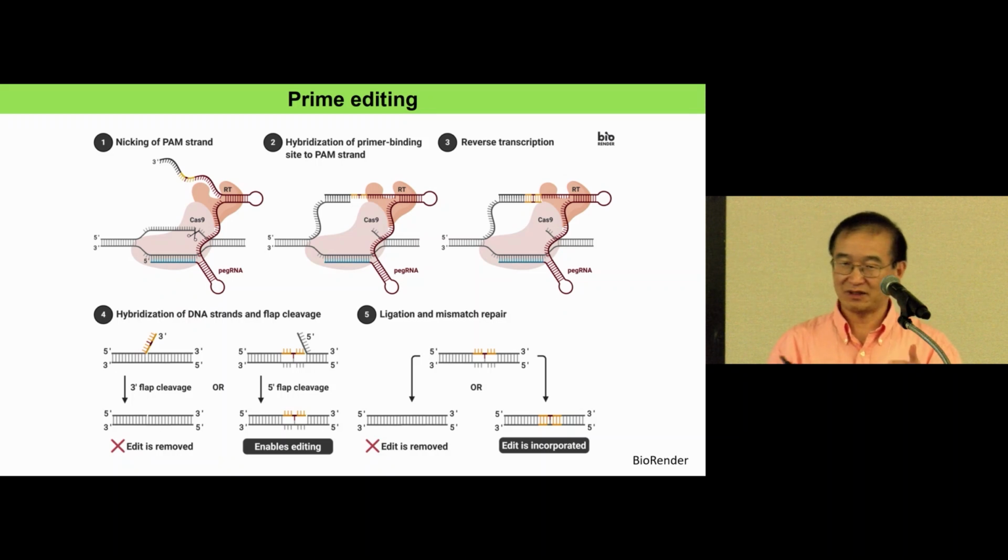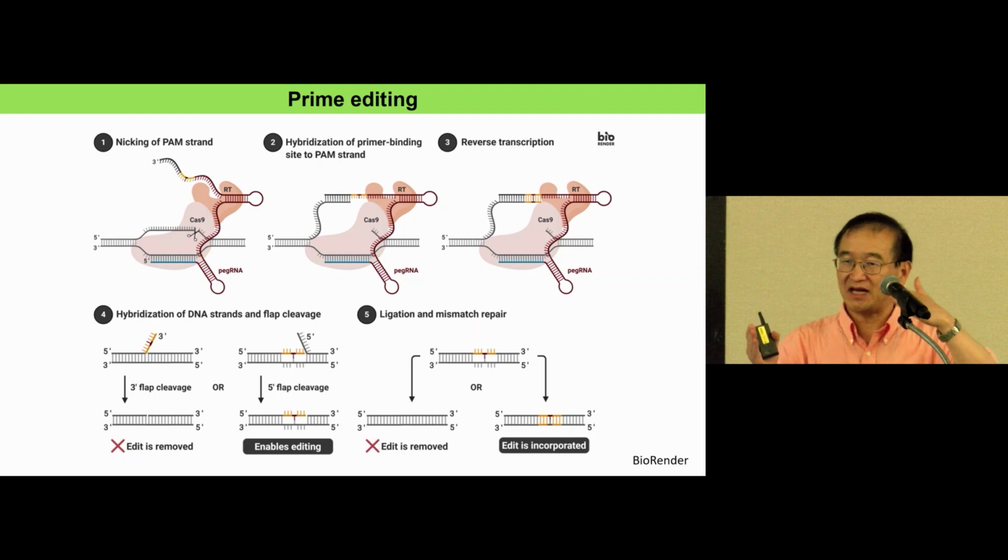So once those two components come together, the guide RNA recognizes the genomic site, and they nick the strand and form the R loop, and then the 3' end will loop back and form complementarity with the genomic sequence, and the reverse transcriptase could use that nicked 3' end as the primer to reverse transcribe the DNA sequence and form two flaps.